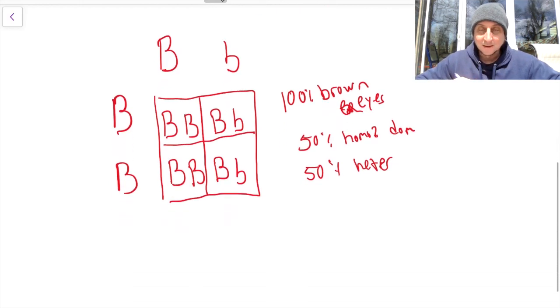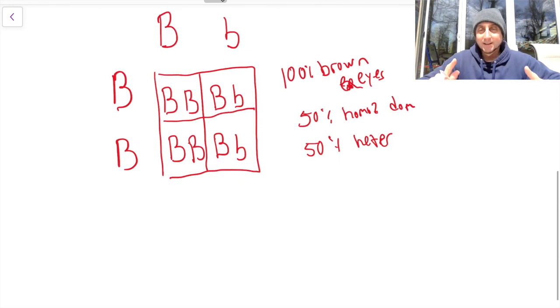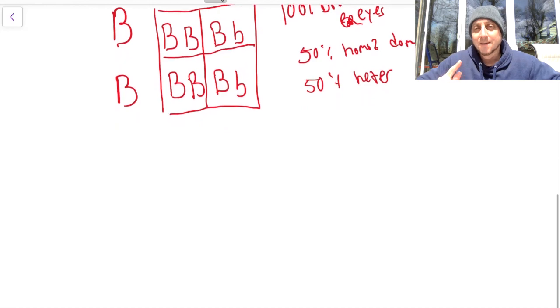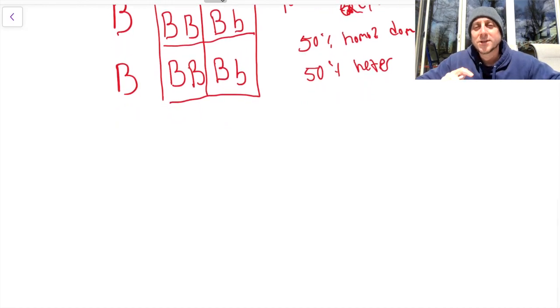All right, so let's say we want to know if I am homozygous dominant for brown eyes or heterozygous. In other words, am I big B, big B, or big B, little b? How can I figure that out without taking my blood? Well, I can have offspring with somebody who has little b, little b.